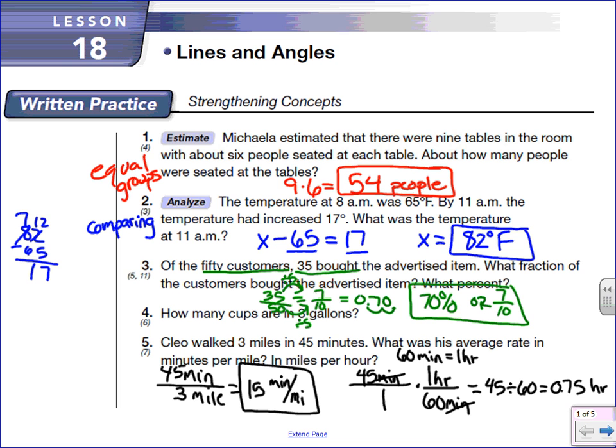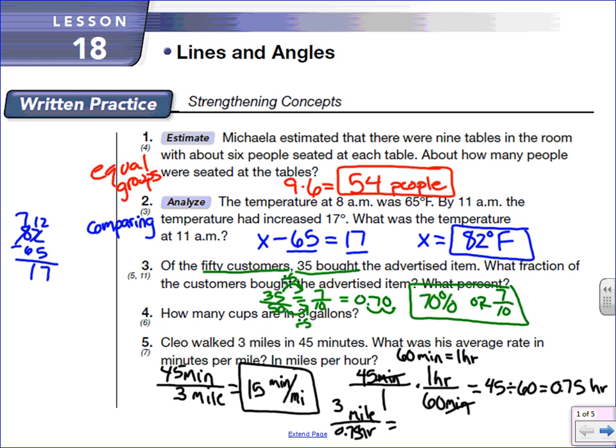So now that I have the time in hours, I can use that to get my miles per hour. Miles per hour means I'm going to take the miles and divide it by the hour. So I have 3 miles and 0.75 hours.